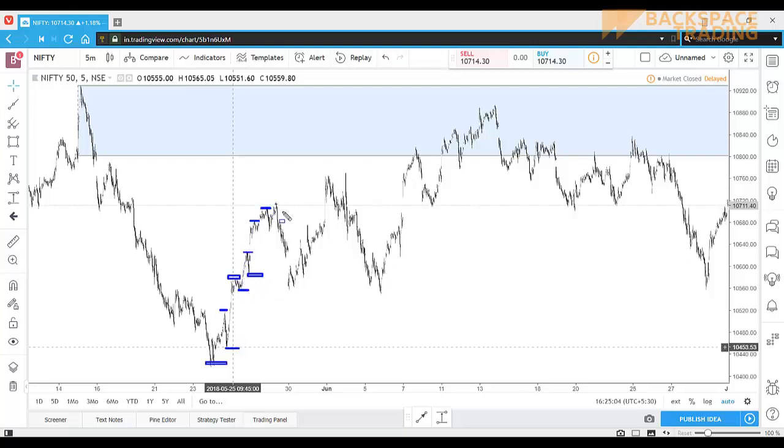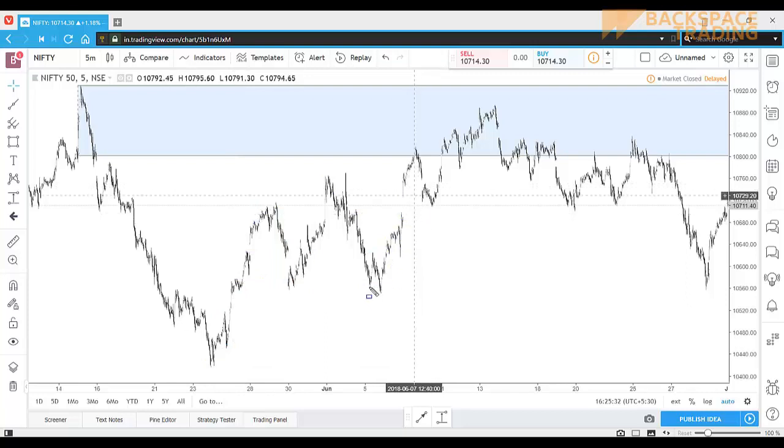A small trend change, again low, this, this, small trend change, again trend change. Consider this trend change, higher low, equal low, lower low. Trend has changed over here, right?